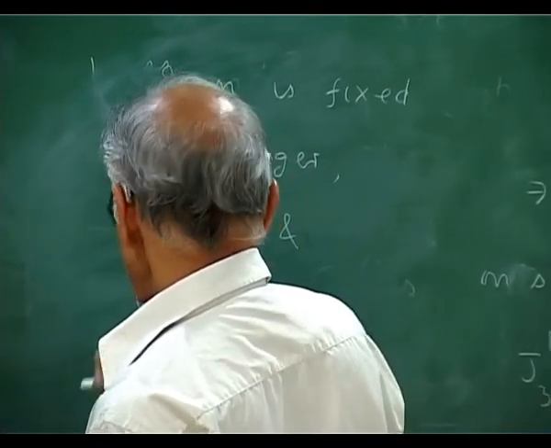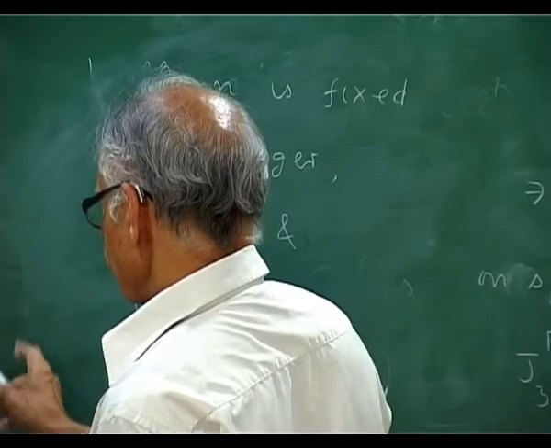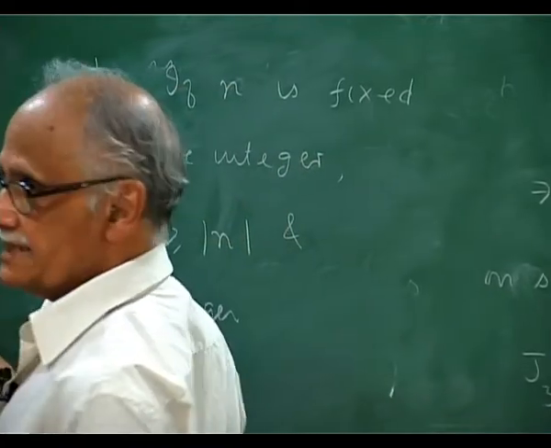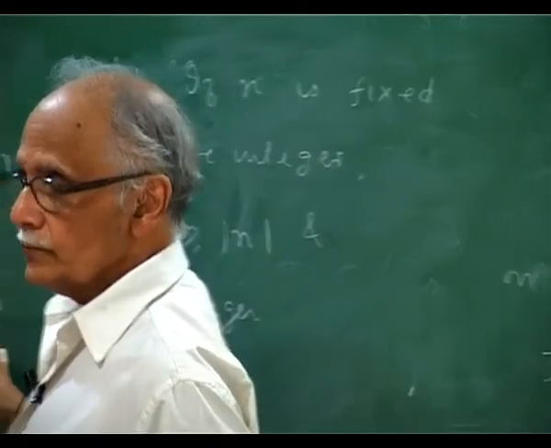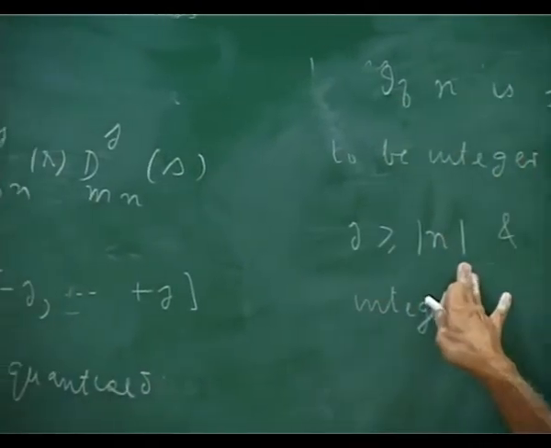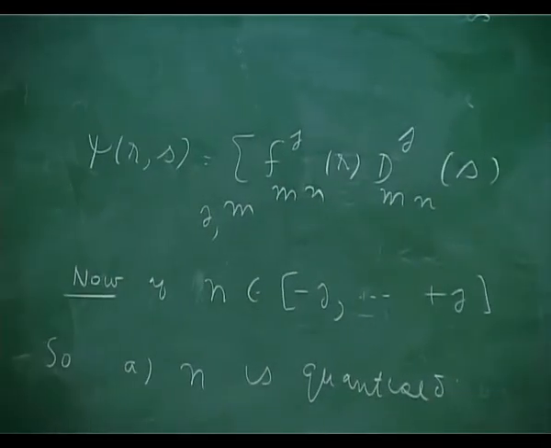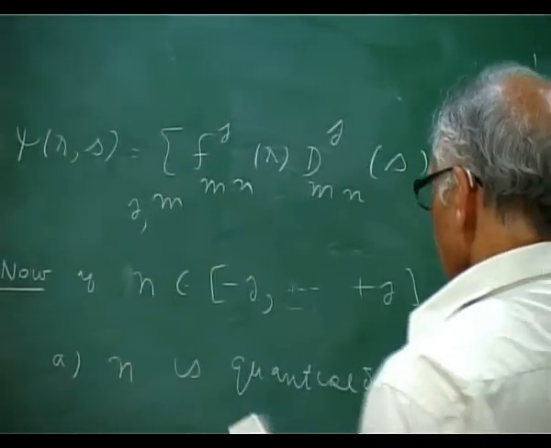Because the maximum value of n is j, if you fix this n, the modulus of n will give you a lower bound on j, then you have to sum. So the summation here will be like this.